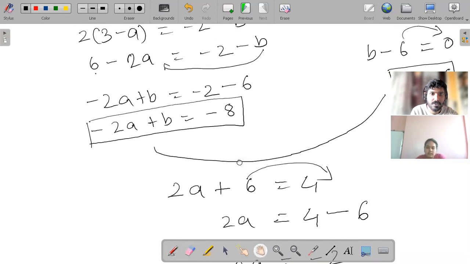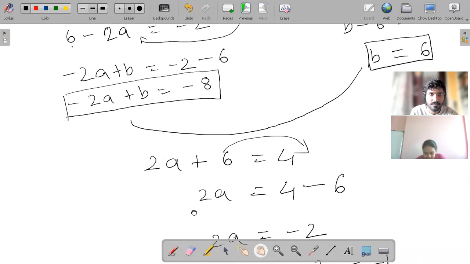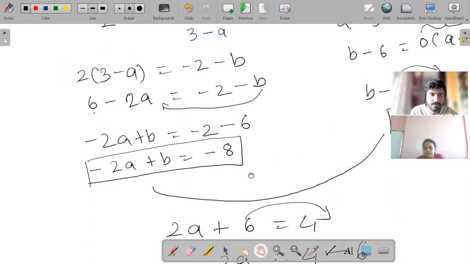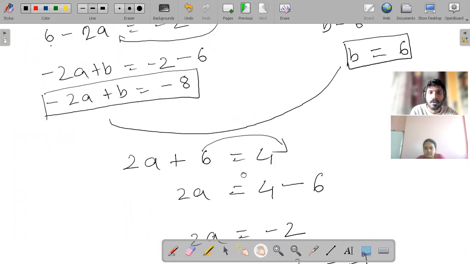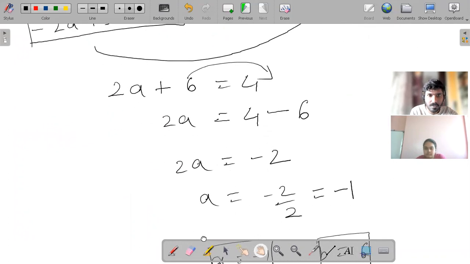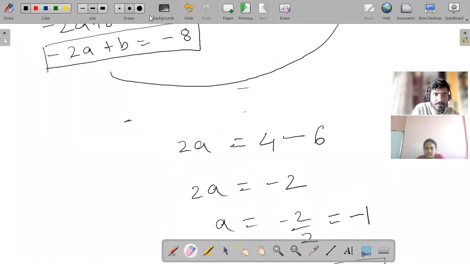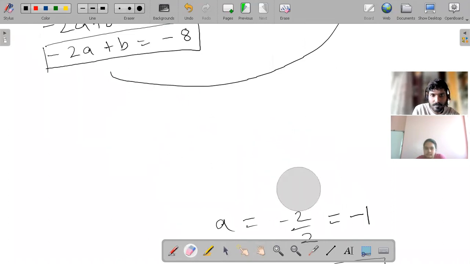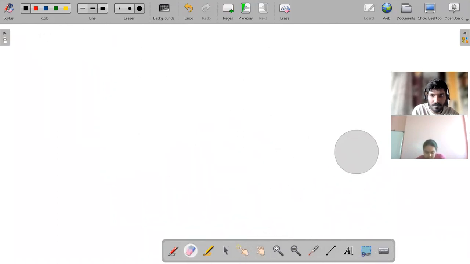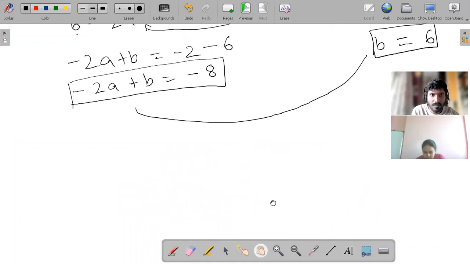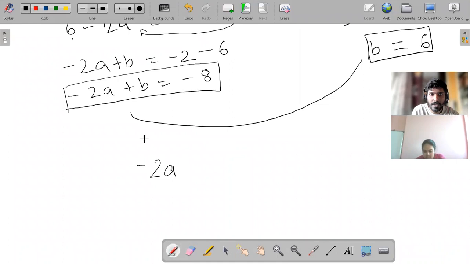Okay, so this substitution will change. B equal to 6 is correct. So minus 2A plus 6 equal to minus 8. So take plus 6 on the other side.